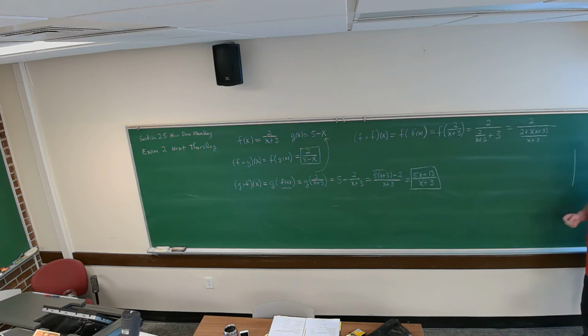Again, I'm doing 2 steps at once. 3 is the same as 3 over 1. I multiply top and bottom of that by x plus 3, and then I combine the numerators. I have 2 plus 3 times x plus 3 over the common denominator of x plus 3. Okay? So now we have 2 over this fraction.